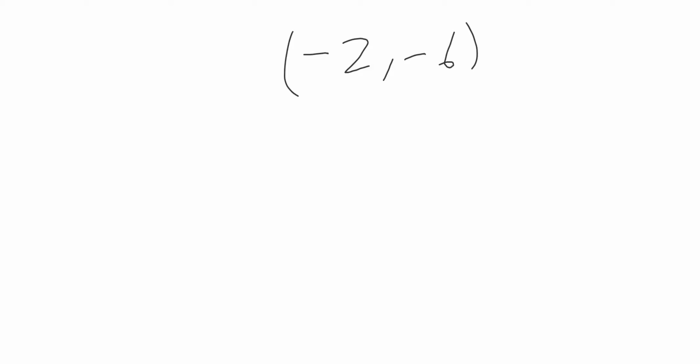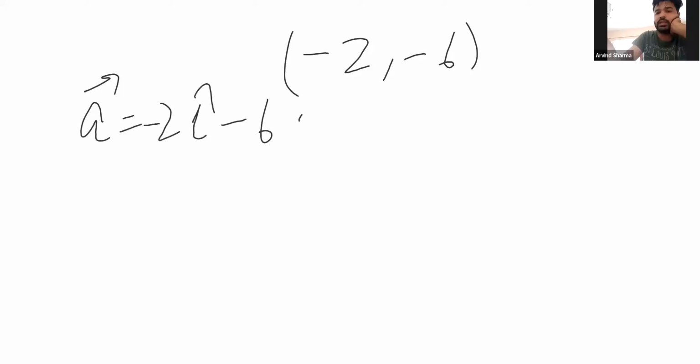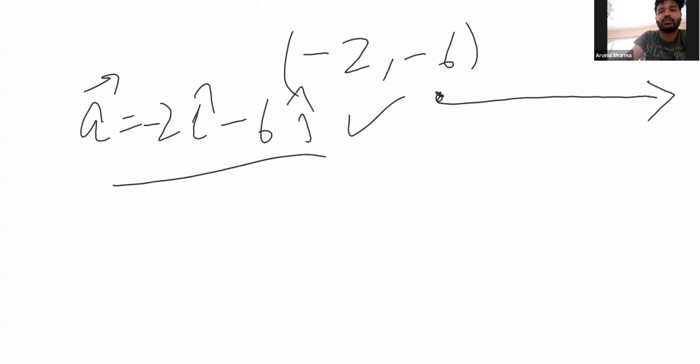Vector A is equal to -2 i cap plus -6 j cap. So this is how we can represent a point. Basically, this is a point and this is a direction, and it can be represented as a vector.